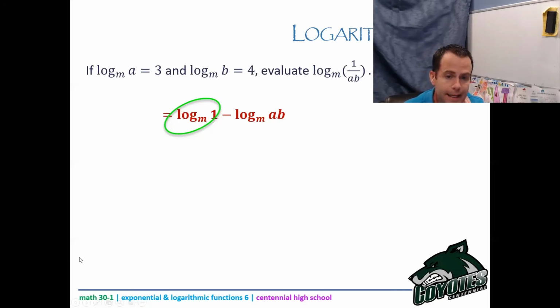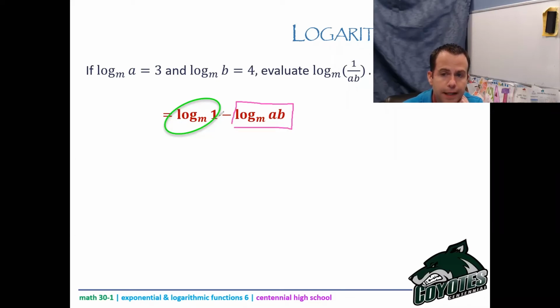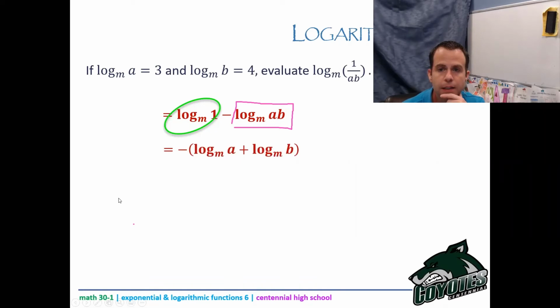But again, remember that the whole thing is negative, which means when I expand this into 2 different terms, I should probably do it with brackets and have that negative still in the front. So something like that. And then I know that log base m of a is 3 and log base m of b is 4. So I end up with negative 3 plus 4, which is negative 7.